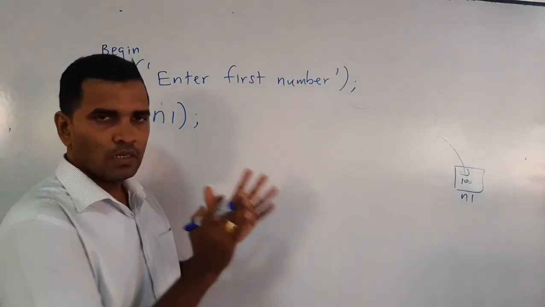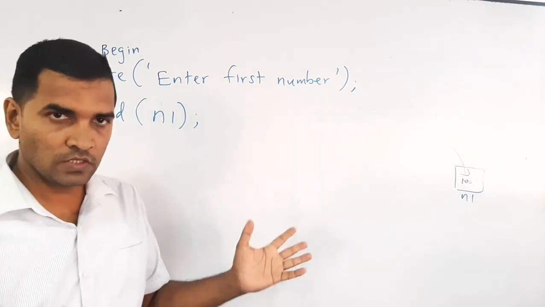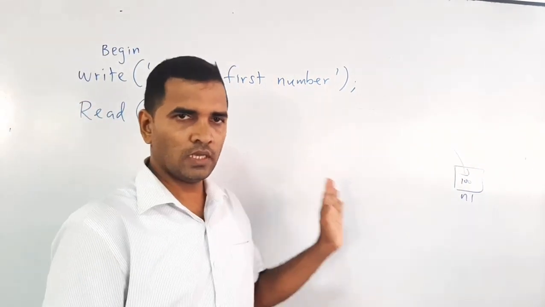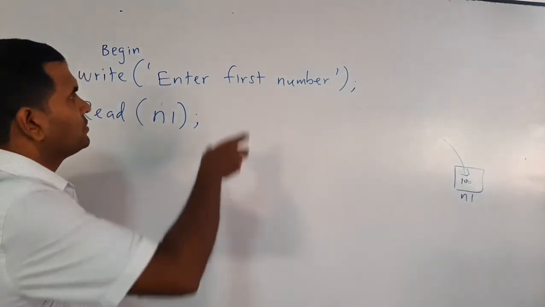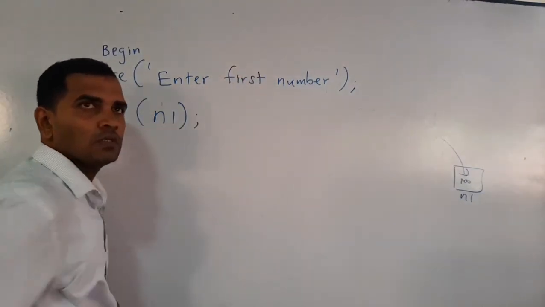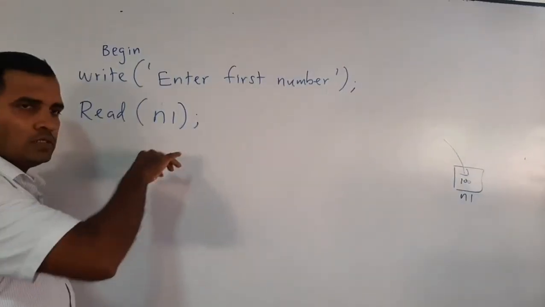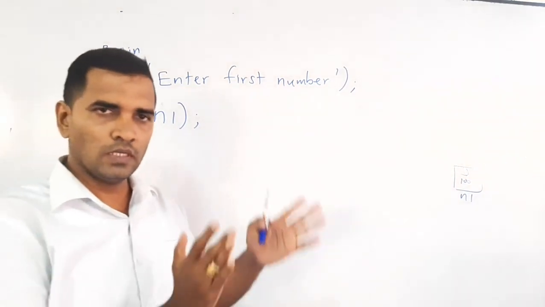But for the moment, assume N1 is a box because it's a storage, so I used to call them a box. So we got the first number. We were able to show a message and take the first number. Read means store in N1. N1 is a box.